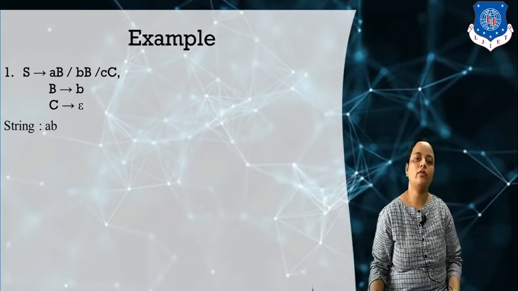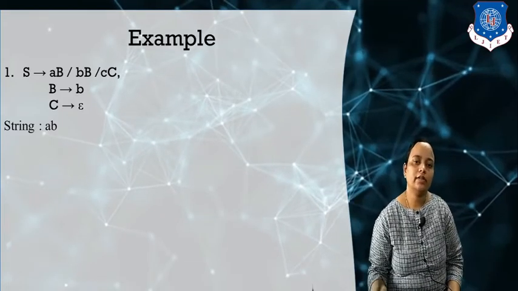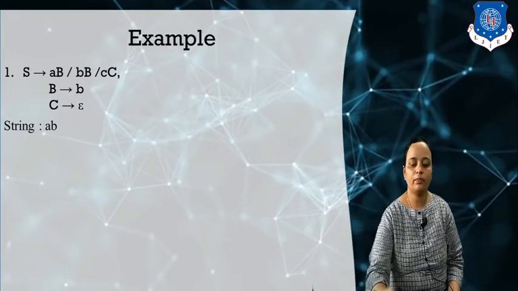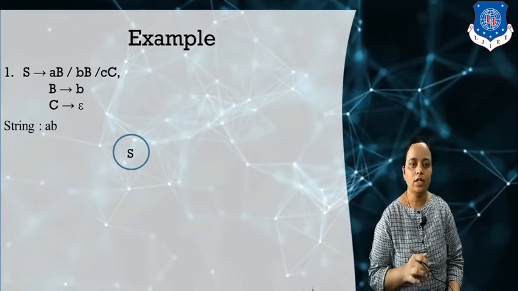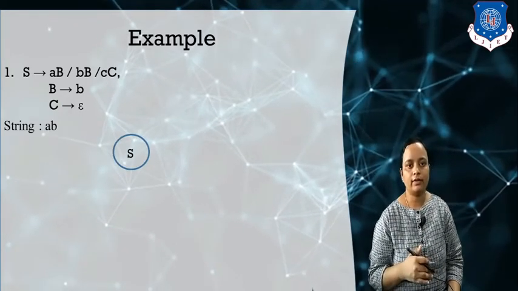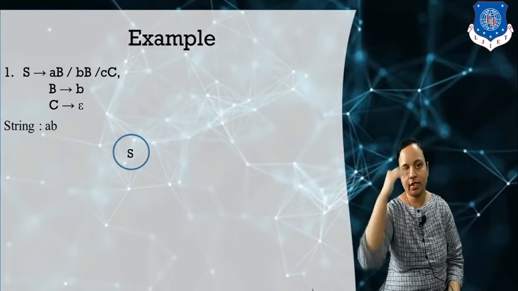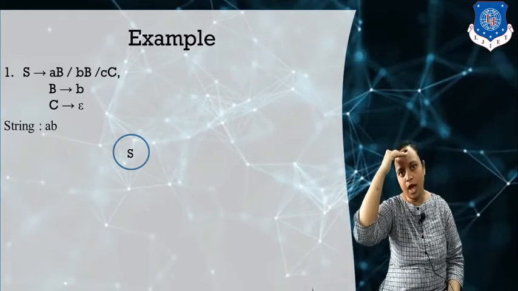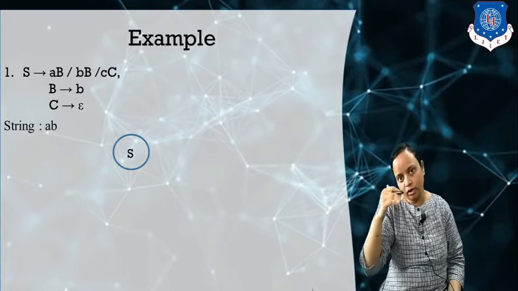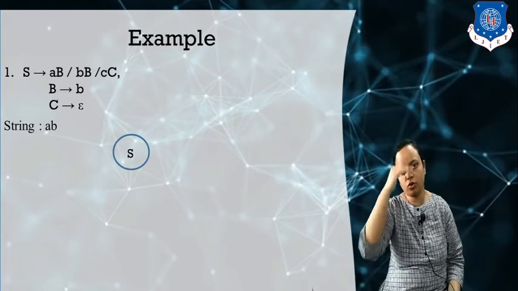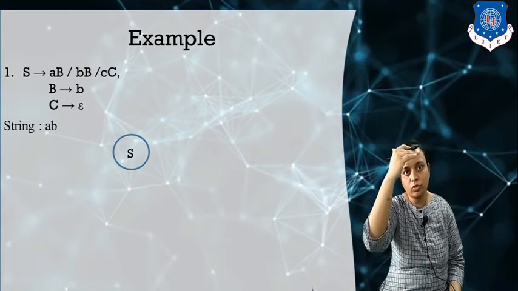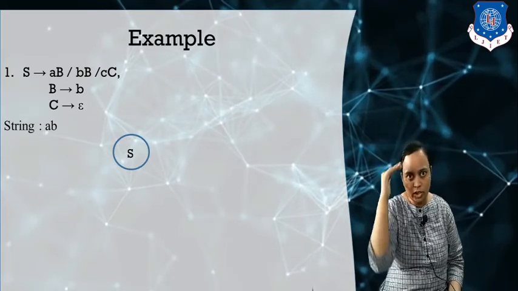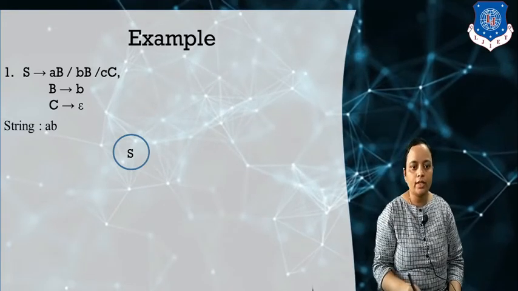So how can we construct the derivation tree for the string? In this example, first start from S. S is the topmost node, and I am moving from top to bottom. How can we move? We need to use the productions of the node which we are going to expand.